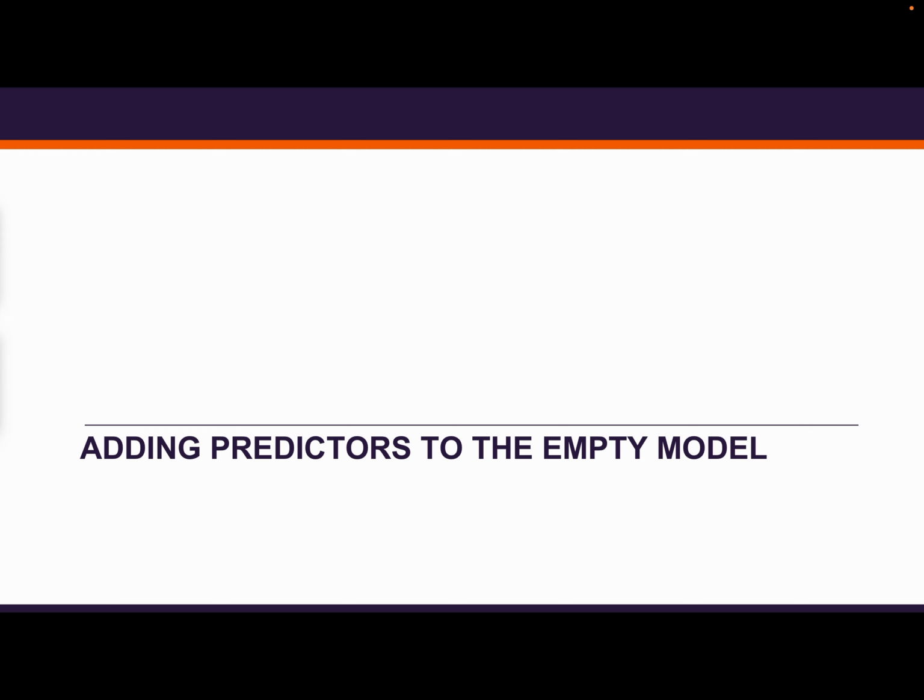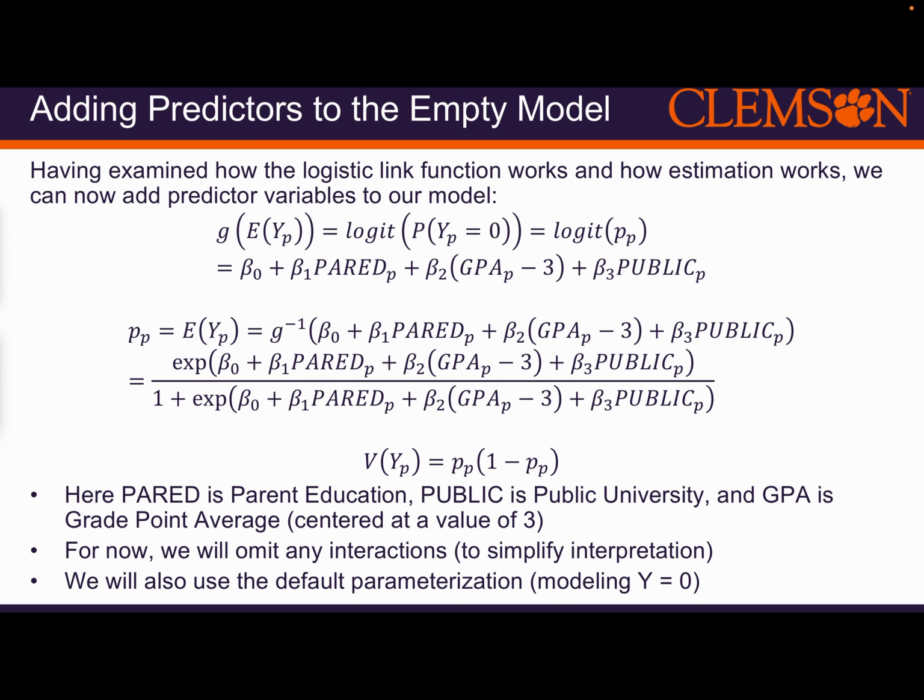All right, let's add predictors to our empty model. Having examined how the logistic link function works, let's add parental education as a predictor. Let's set our GPA at 3 and add it as a predictor, and add whether or not a person's at a public university. So if this were what you saw, you'd think, oh, I'm predicting a regular regression line almost.